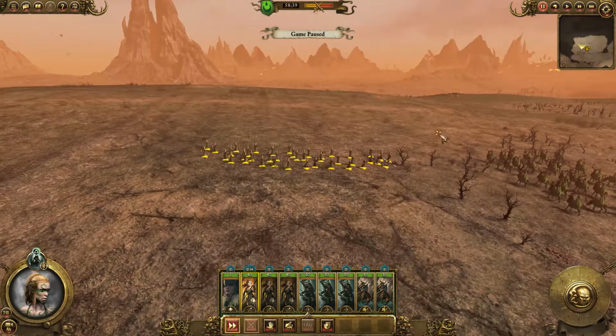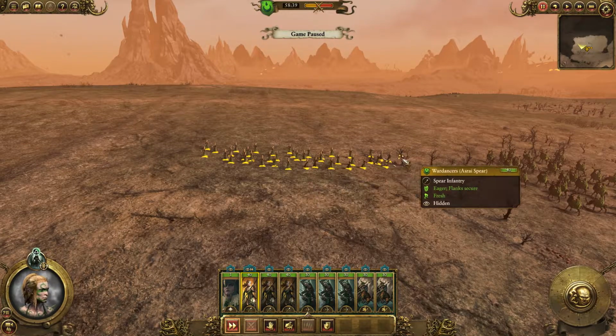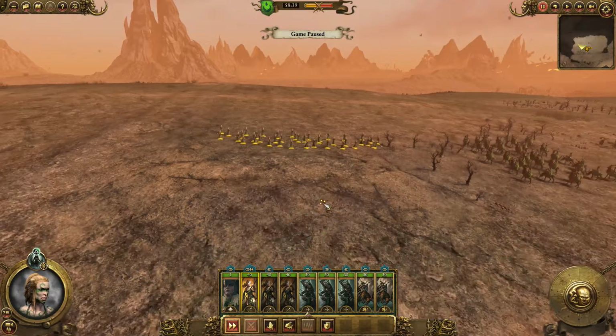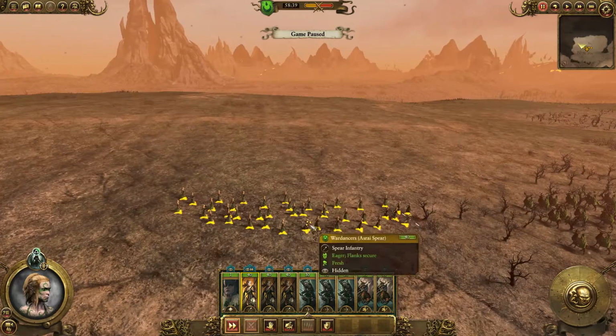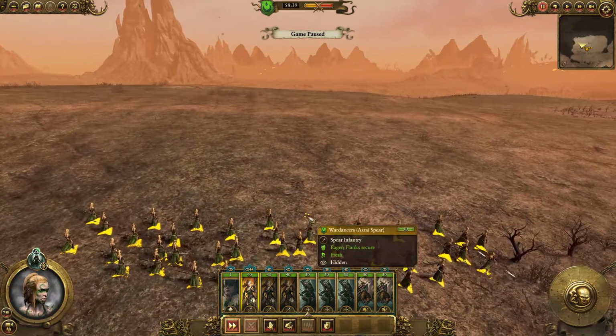So the unit manager that Creative Assembly has written for these units and these soldiers is really, really amazing, in my opinion.